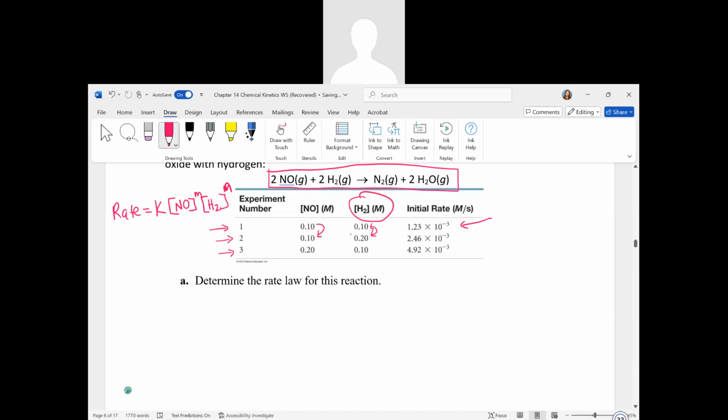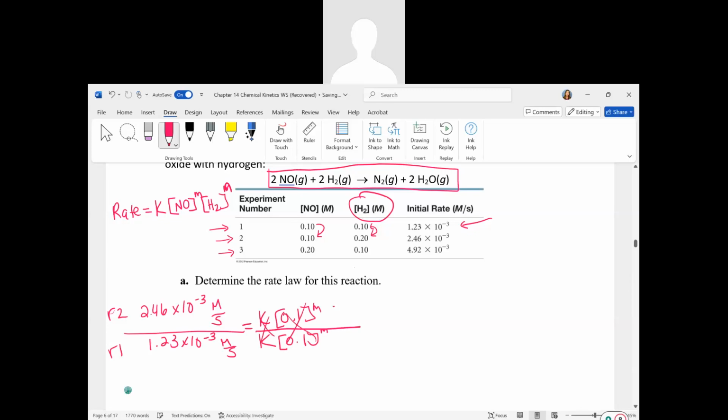We could divide by the rate, so 2.46 times 10 to the negative third molar per second. So this is reaction 2, and then reaction 1 on the bottom, that's 1.23 times 10 to the negative 3, same units, and this will be equal to the same rate constant. And again, we're going to hold nitric oxide constant. So these will cancel out along with our K values.